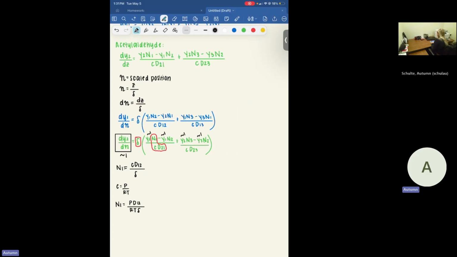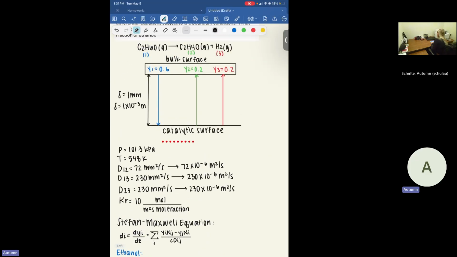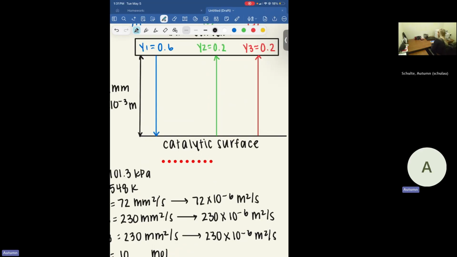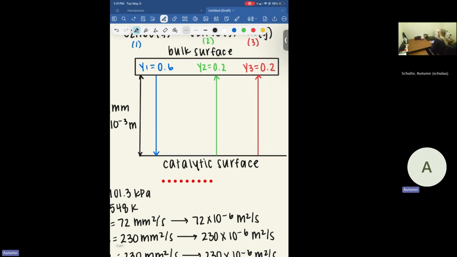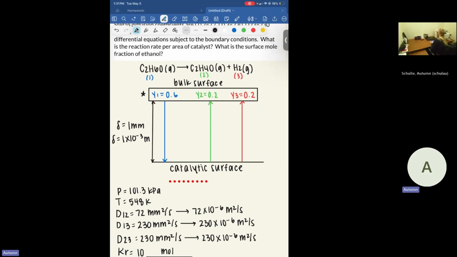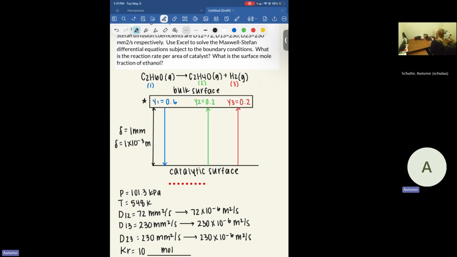Now, we want to find the mole fraction of our ethanol at this catalytic surface, and we're given it at the bulk surface. So we need to find a relationship between the molar flux and the mole fraction at that catalytic surface.